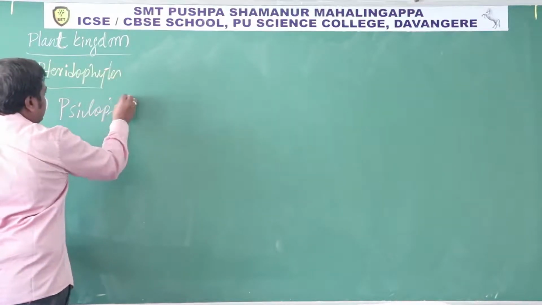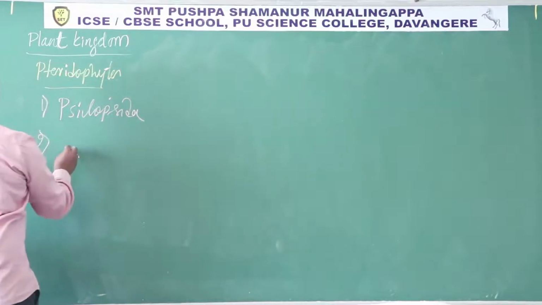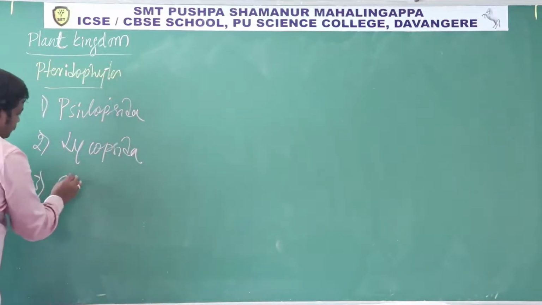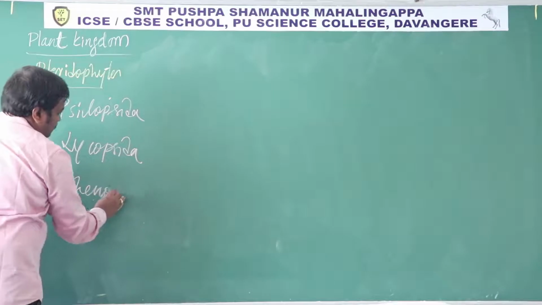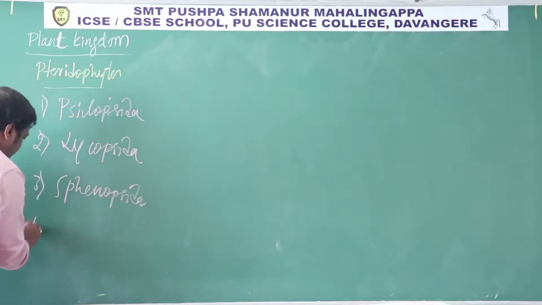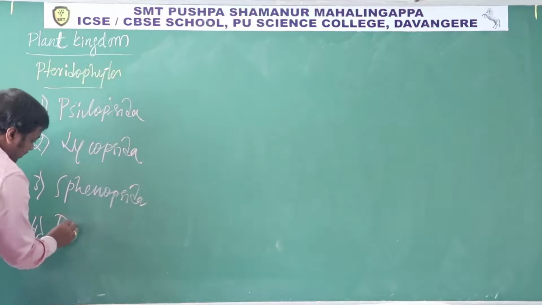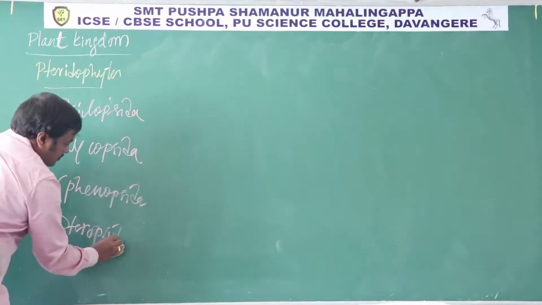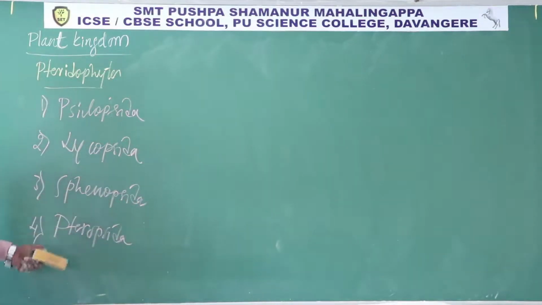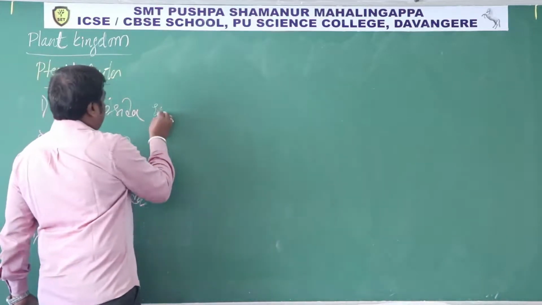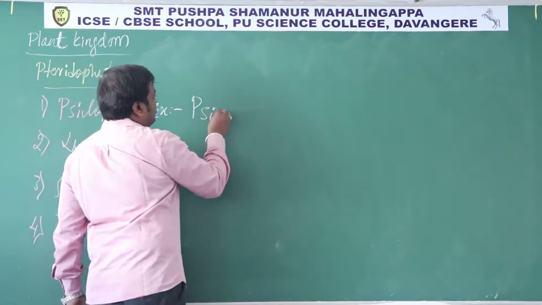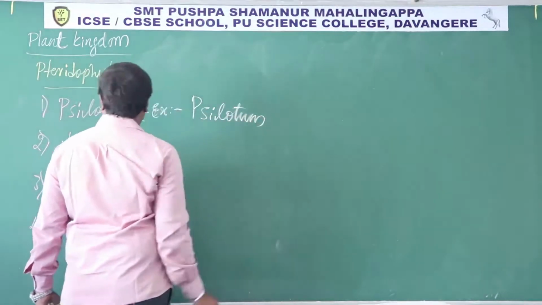can be further classified into Psilopsida, Lycopsida, Sphenopsida and Pteropsida. Let's see some examples for them. Example for Psilopsida is Psilotum.